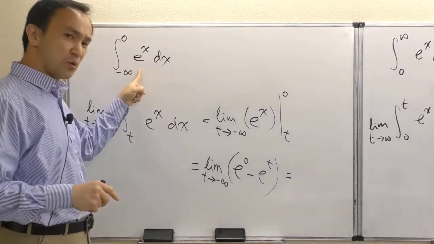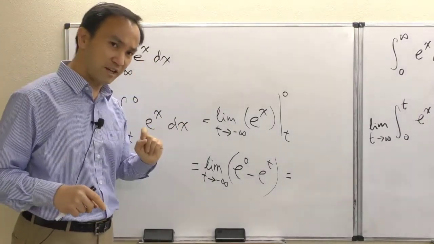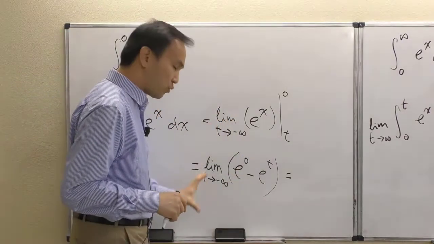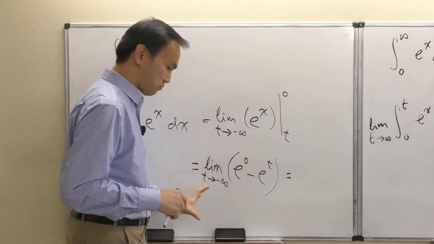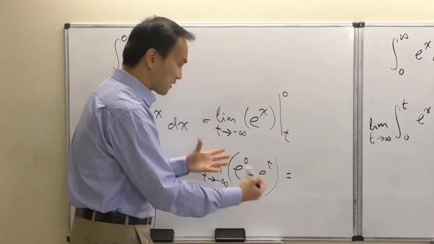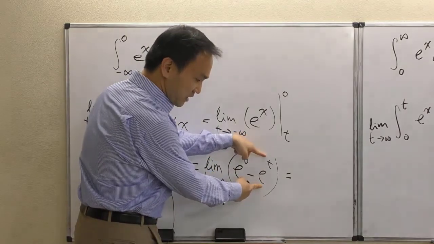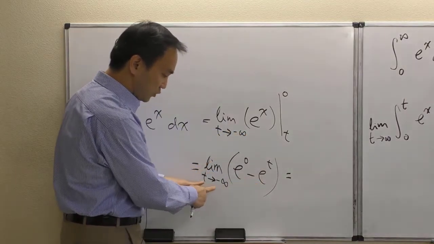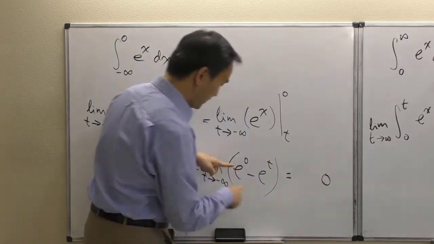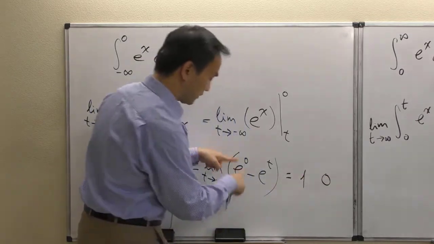One of them is this one, the other one I worked through on the other board. But in case anybody worked out this integral first, you will find that you will run into a finite limit. This term, as t goes to negative infinity, will go to 0. And this term remains a 1. E to the 0 is a 1.